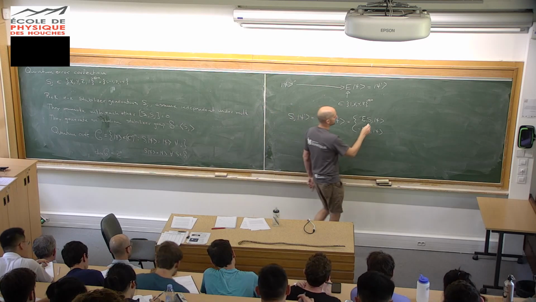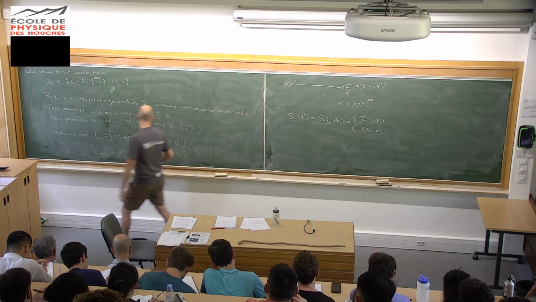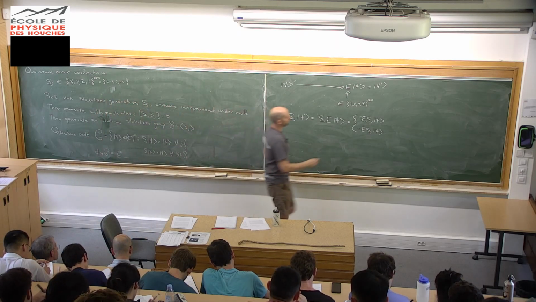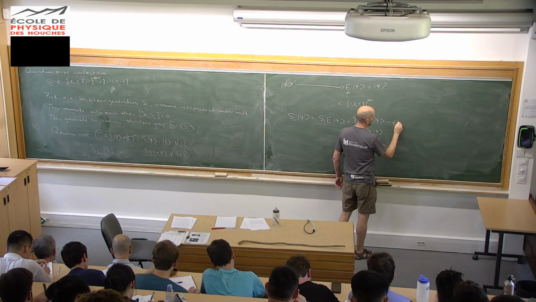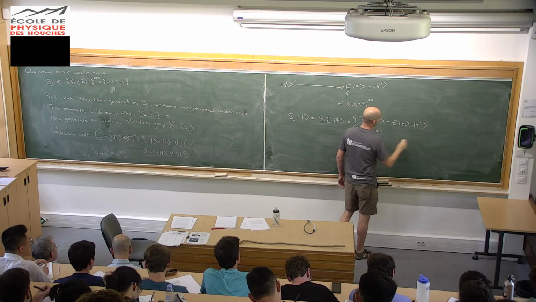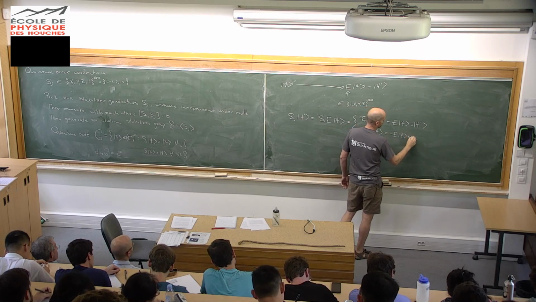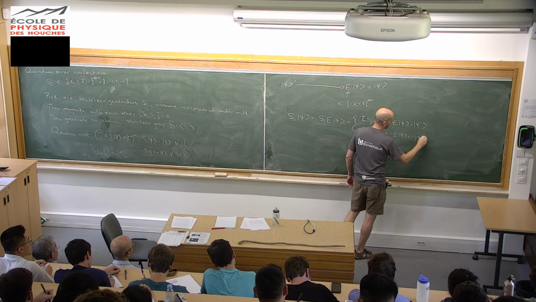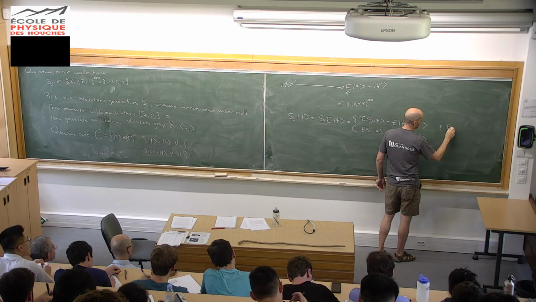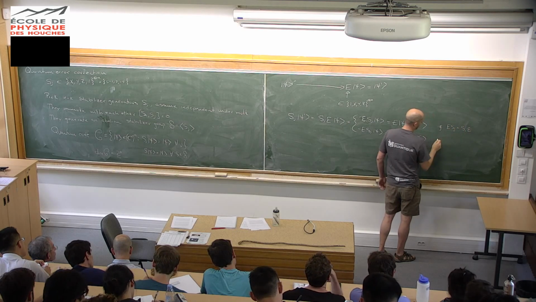But psi eats S, right? Psi was in the code space, so it absorbs the S. So we're back with E psi, which is equal to psi prime, or we have minus E psi, which is minus psi prime. This is if E Sj equals Sj E, and this is else.